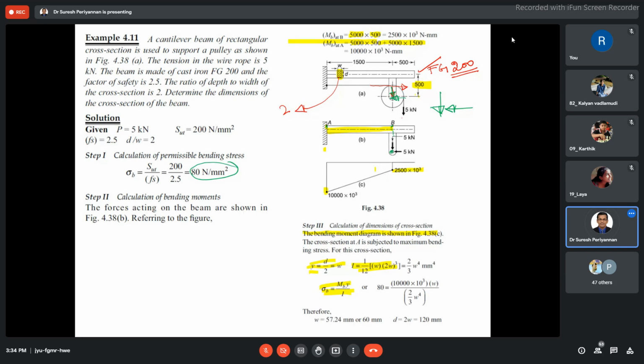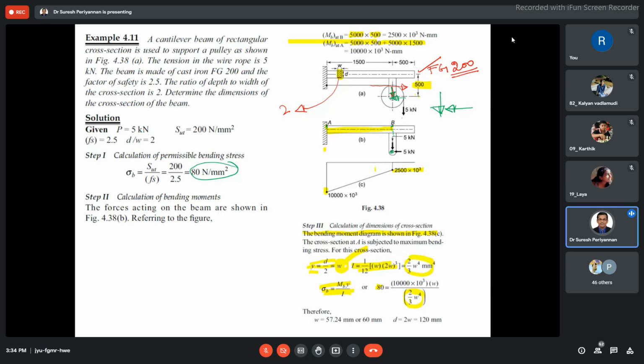The maximum bending moment is 10,000 into 10 power 3 Newton millimeter. So that maximum bending moment we are considering here. Mb into y is nothing but w, whatever we already discussed, into w divided by b d cubed by 12, so 2 by 3 w power 4.